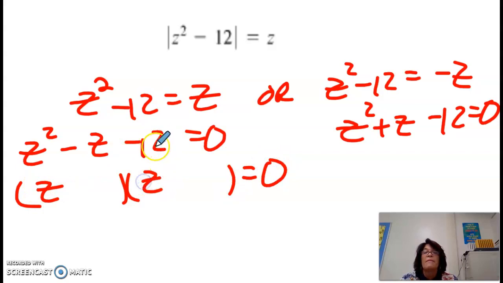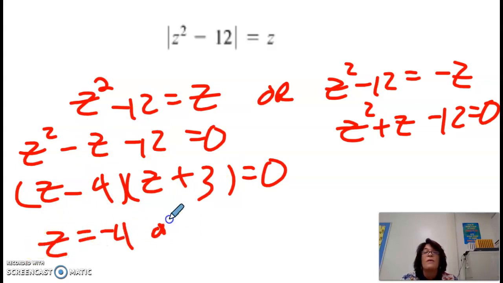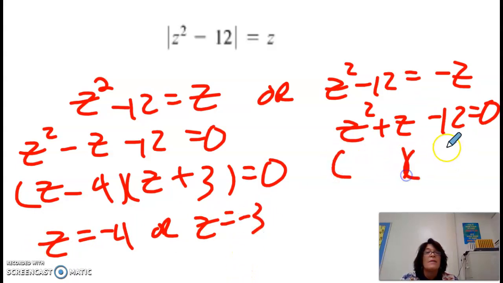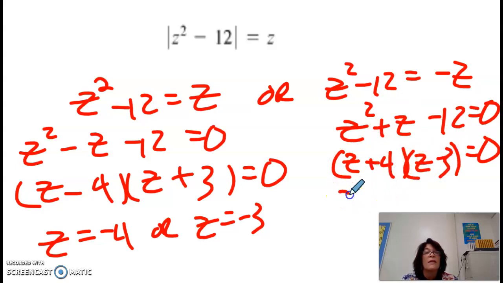Multiplying to -12 and adding to -1 would be -4 and 3. So I get z to be -4, or z is -3. This one, oh, it's kind of the opposite, right? I'm multiplying to -12, but this time I want a +1. So I want z plus 4, z minus 3. So z is going to be -4 or 3.